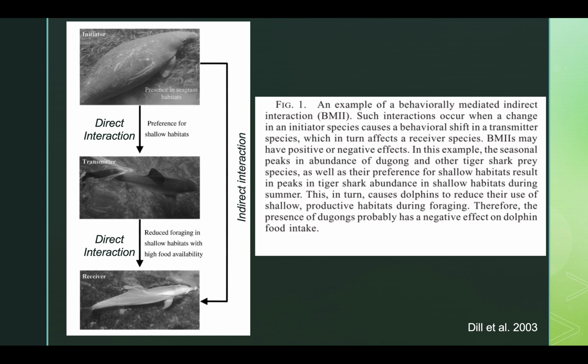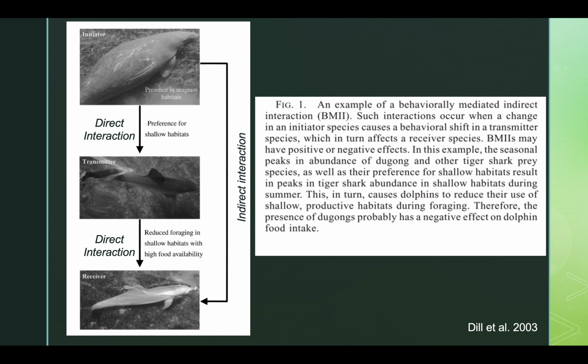So one of the examples in Shark Bay is that the presence of sharks will actually change the presence of other species. Here we've got these dugongs and tiger sharks and dolphins.